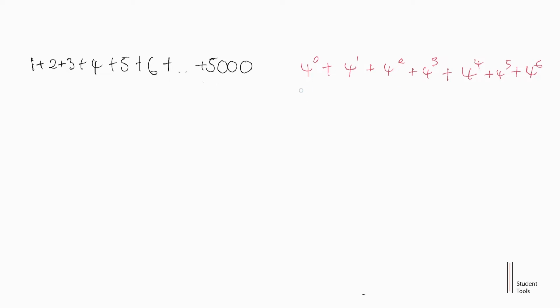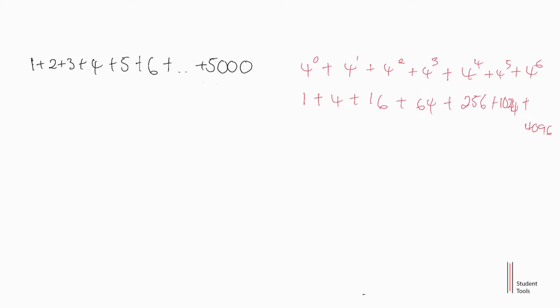Alright, so 4 to the power 0 is 1 plus 4 to the power 1, that is 4, plus 4 to the power 2, that is 16, plus 4 to the power 3, that is 64, plus 4 to the power 4, that is 256, plus 4 to the power 5, that is equal to 1024, plus 4 to the power 6, and that is 4096.